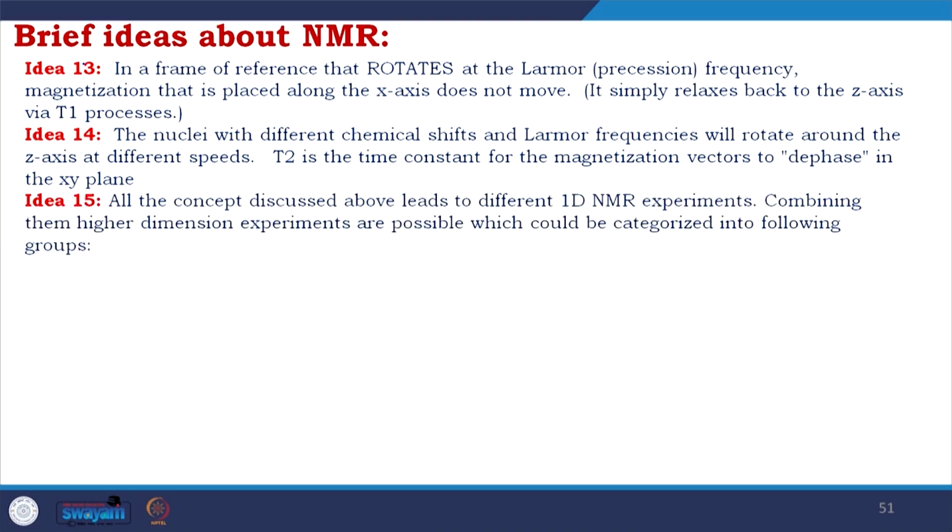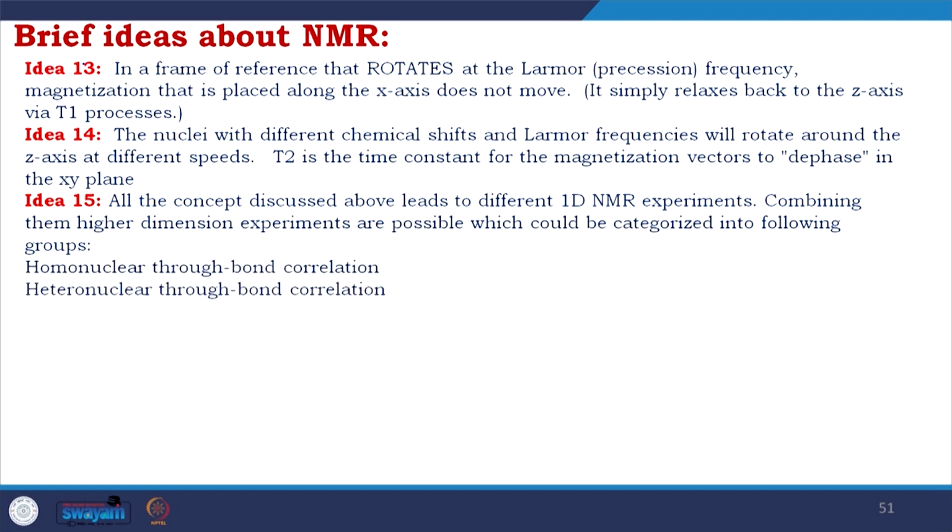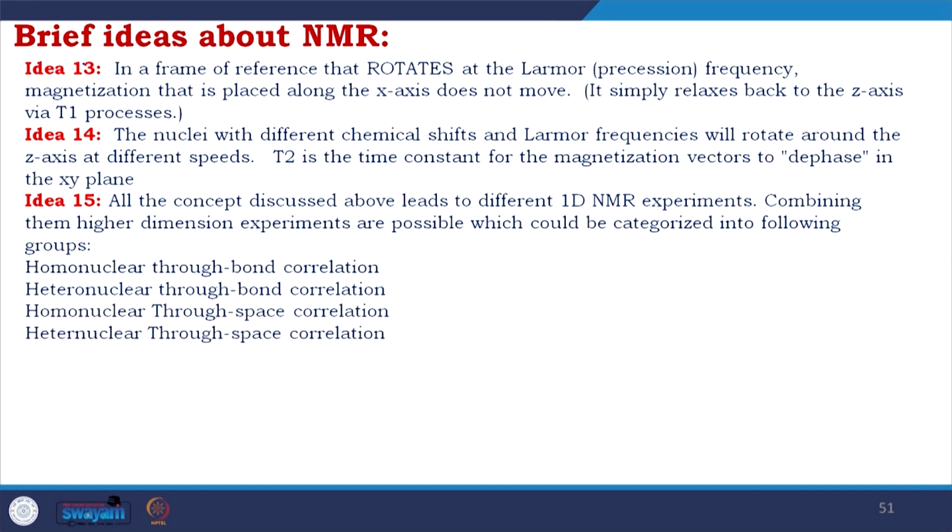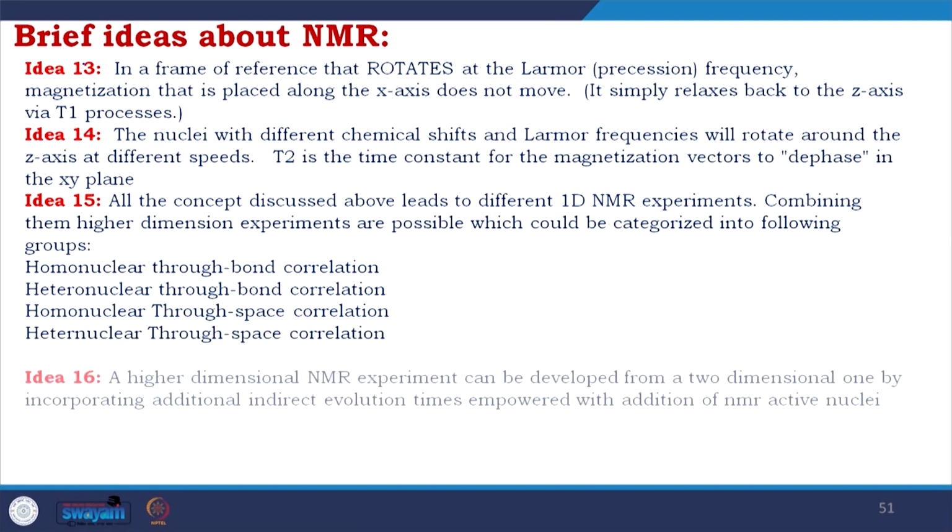Idea 15: all the concepts discussed above lead to different 1D NMR experiments. Combining them, higher dimensional experiments like 2D and 3D are possible, which could be categorized into the following groups: homonuclear through-bond correlation, heteronuclear through-bond correlation, homonuclear through-space correlation, and heteronuclear through-space correlation.